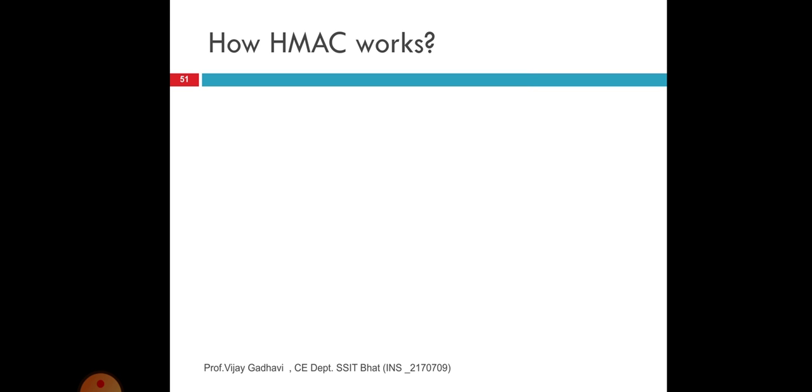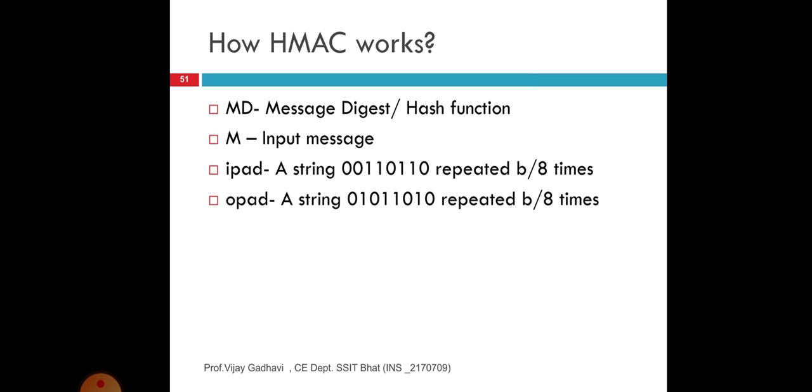Now we are talking about security, but before that, let's start with how HMAC works. It works on the basis of a message digest, hash functions, input message, IPAD and OPAD.